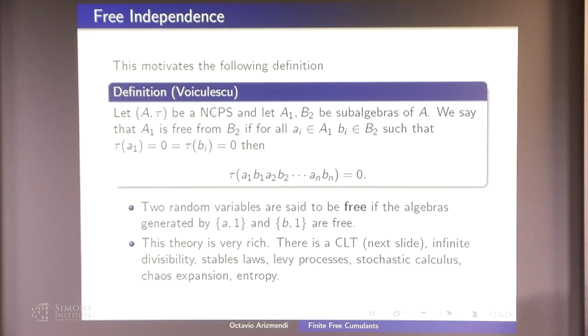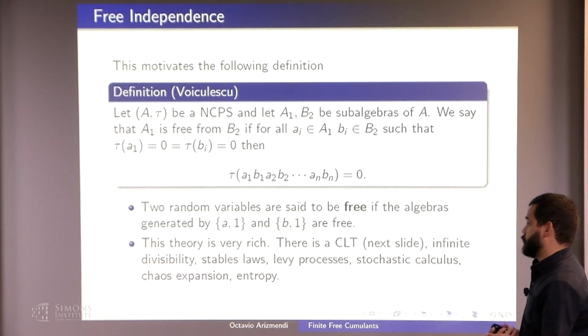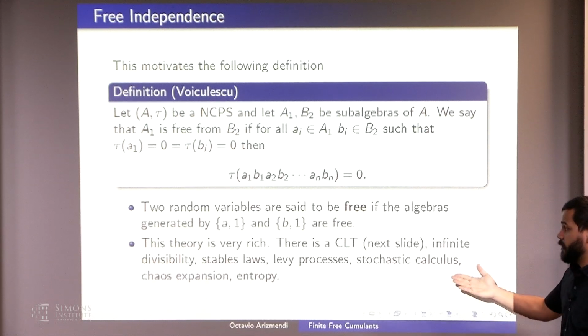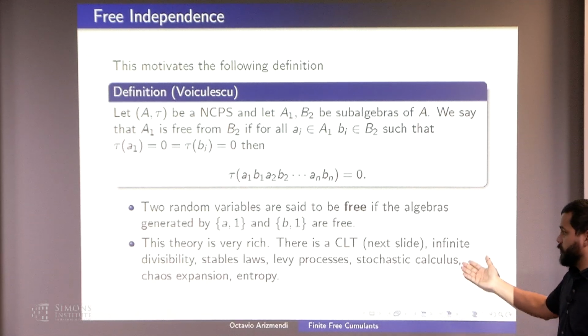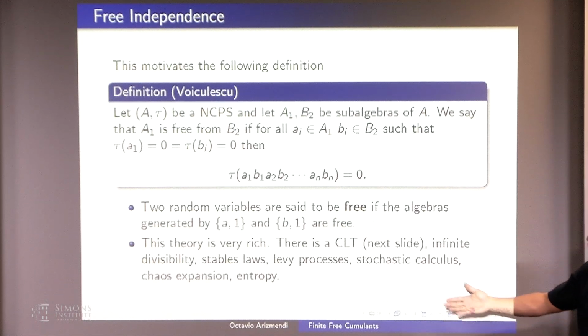Okay, and for two random variables, we say that they are free if the algebras are in free relation. And just to mention, there are many developments of this theory, like central limit theorem, infinite divisibility, stable laws, Lévy processes, even entropy. So many analogous things.